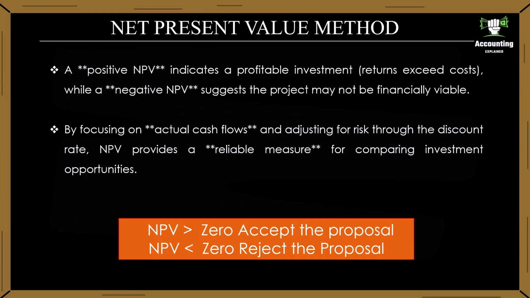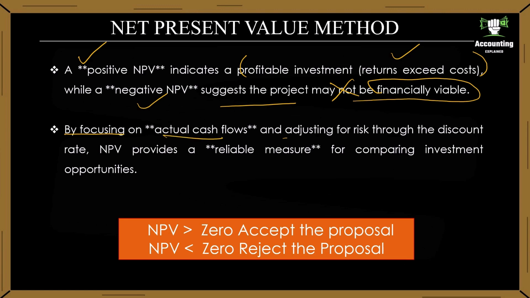When you get the NPV answer as a positive figure, then it indicates a profitable investment, that is, returns exceed cost. While a negative NPV suggests that the project may not be financially viable, it is not good to go ahead with the project. By focusing on actual cash flows and adjusting for risk through the discount rate, NPV provides a reliable measure for comparing investment opportunities.